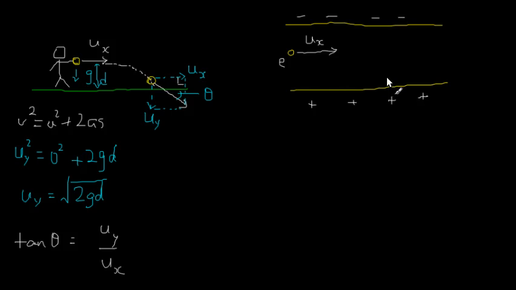as well. And because of the electric force in between the plates, the negative charges there would repel the electron. That would be a downward force. And this downward force would cause the path of the electron to bend, just like the path of the stone bends after I've thrown it.